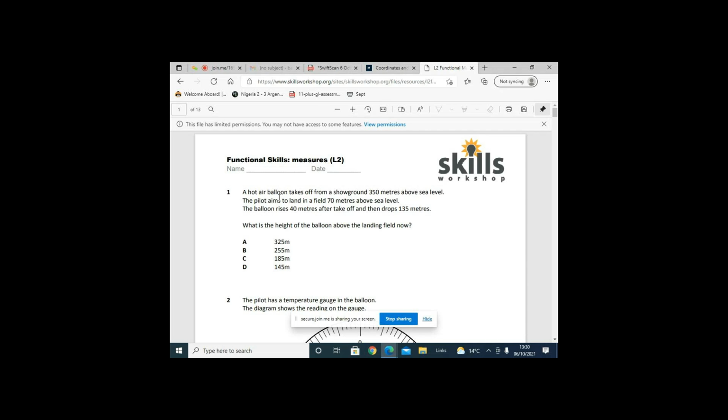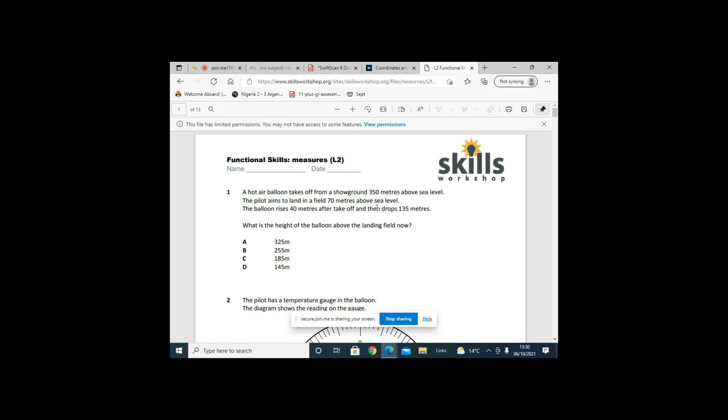The best thing to do is to know what each sentence means. For example, the hot air balloon takes off from the show ground, 350 meters above sea level. That's the place.